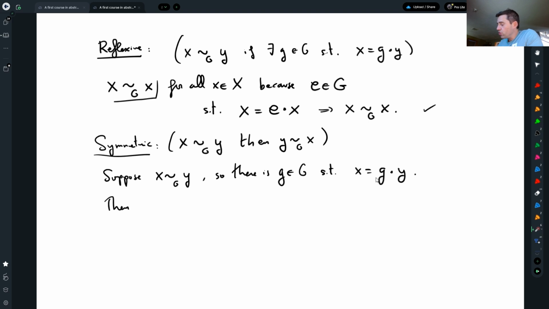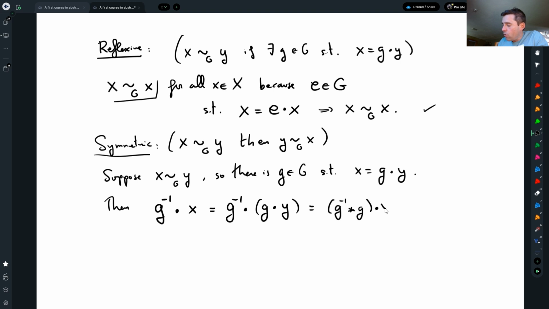However, I can try to see what happens if I sort of multiply by g inverse using the action. What is g inverse acting on x? Well, g inverse acting on x, I don't know, but I know what x is. x is g acting on y. And since this is an action, this action is associative, so I can rewrite this as g inverse star g acting on y. And now you see that this over here, that is happening in G. And we know that the inverse times itself is always the identity.